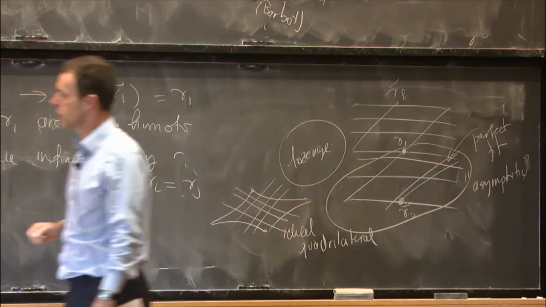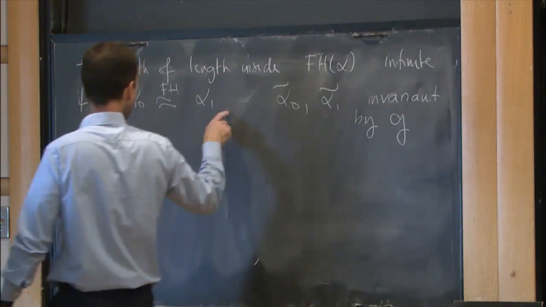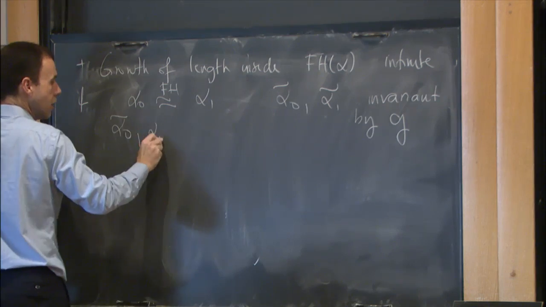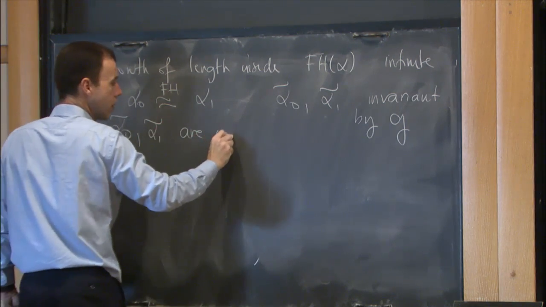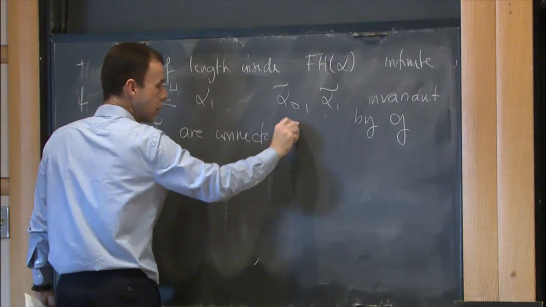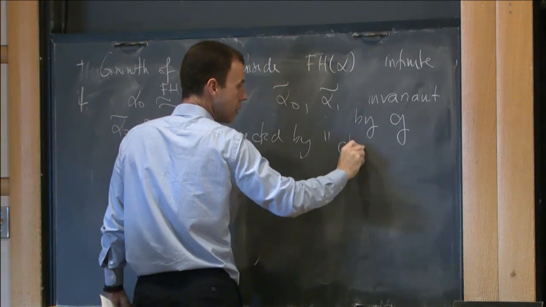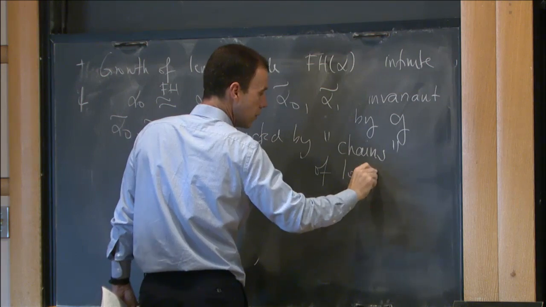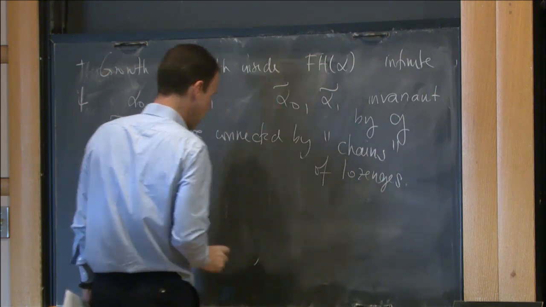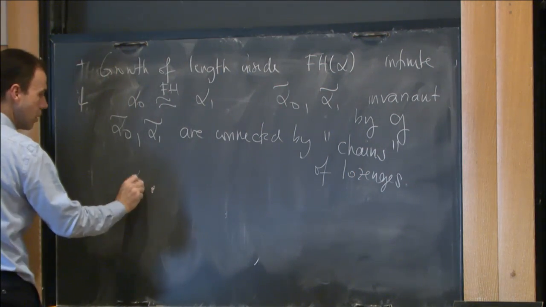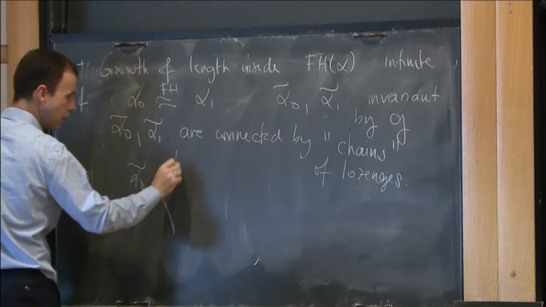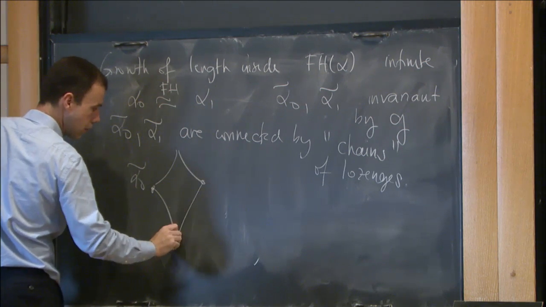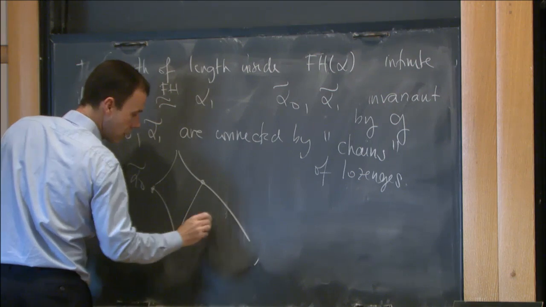This always happens. So this implies that gamma 0 and gamma 1 are connected by chains of lozenges. So I'm going to start here. Here's one.